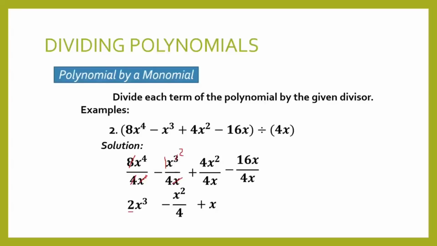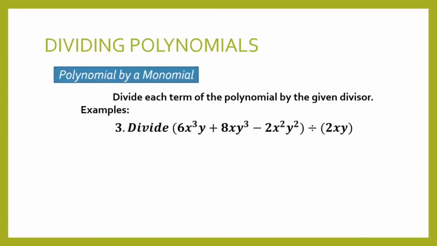For the third term, we have x because we've divided 4 and 4, and we have a remaining exponent of 1, after we've subtracted the exponents. And for the last term, we will cancel x, and 16 divided by 4 is equal to 4. That's why our final answer for this example is 2x cubed minus x squared over 4 plus x minus 4.